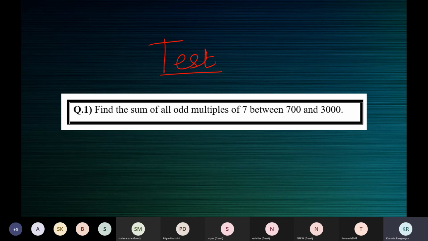Priyadarshini, read out the AP. I think you've taken all the multiples instead of only odd multiples. Read your AP. Ma'am, 707, 714. Why did you take 714? That's an even multiple of 7, right? Yes, ma'am. First I took the sum of all multiples of 7, ma'am. Okay, then I took the sum of all even multiples.